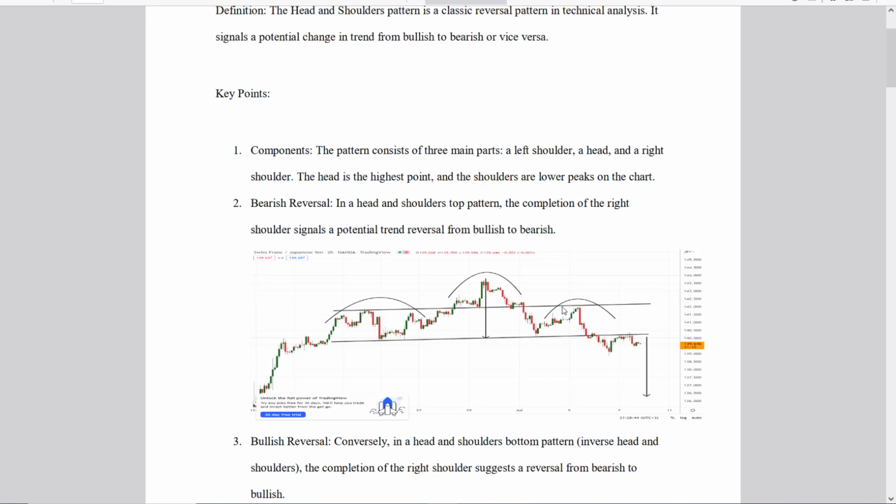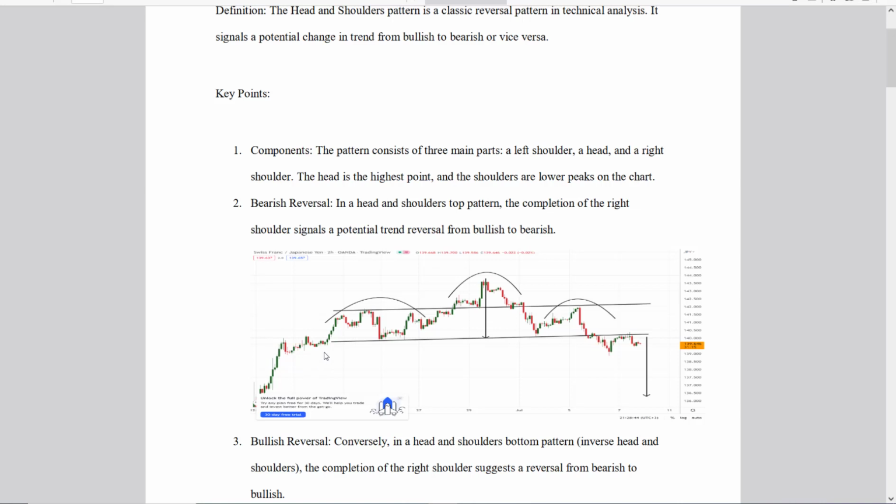So the ideology, remember, for people who use clean charts without indicators like moving averages, to determine the trend of a currency pair, we always determine the trend by using the formation of swing highs and swing lows.